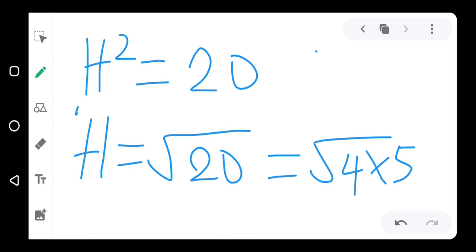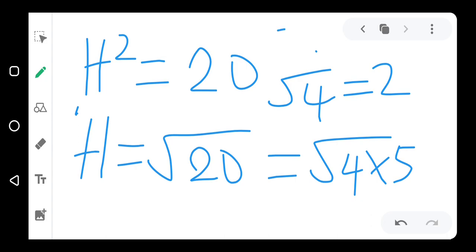Now let me just help you. A perfect square is a number whose square root does not give a decimal point. When you find the square root of a perfect square, you will not have anything like point this or point that. If you have the square root of 4, it is 2.